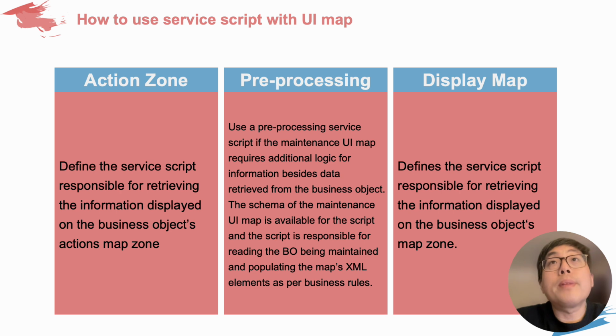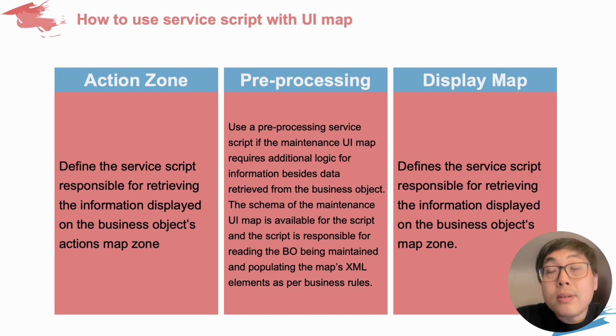Now the second one: use a pre-processing service script if the maintenance UI map requires additional logic. What we are saying here is, if a UI map is sitting on top of a BO, the BO data is loaded. But what about other information you want shown on the screen when it loads up? We can use a pre-processing script.